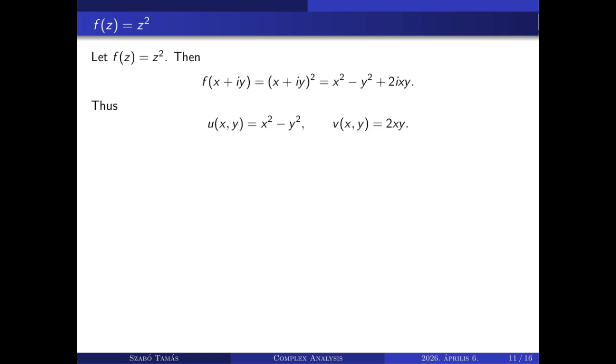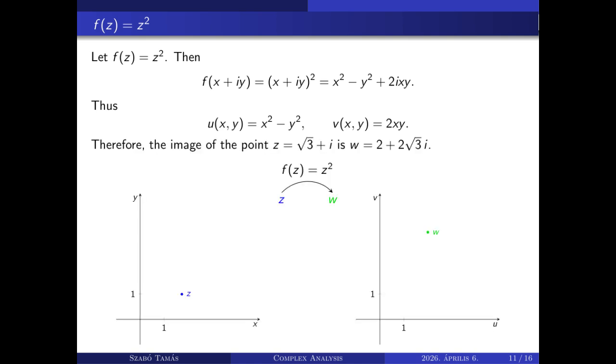Thus, u(x, y) = x² − y², and v(x, y) = 2xy. Therefore, the image of the point z = √3 + i is the point w = 2 + 2√3 i.